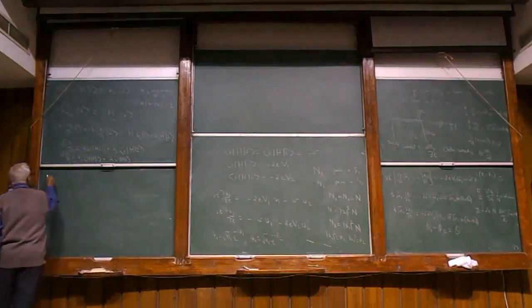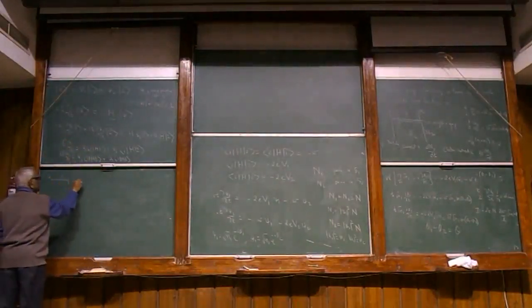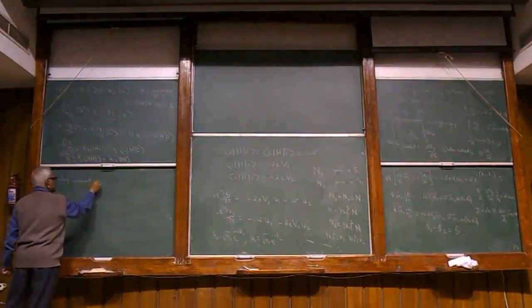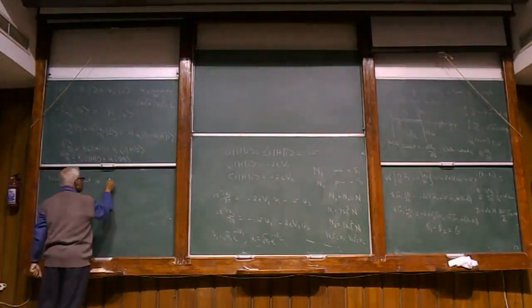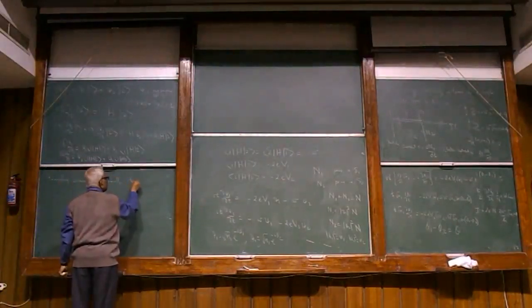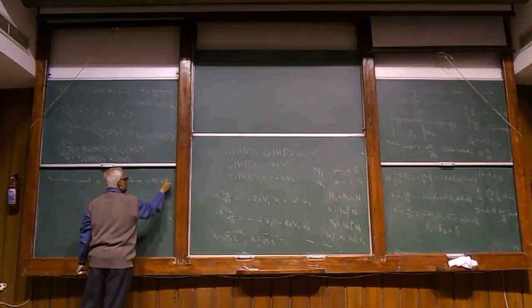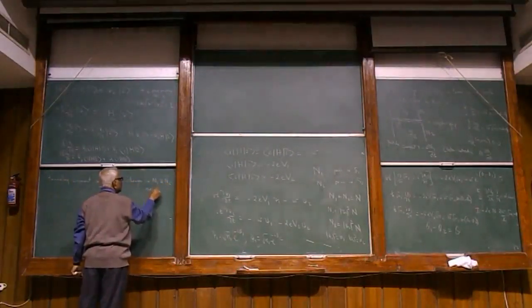Now you assume that the tunneling current is small, so changes in N1 and N2 are small.